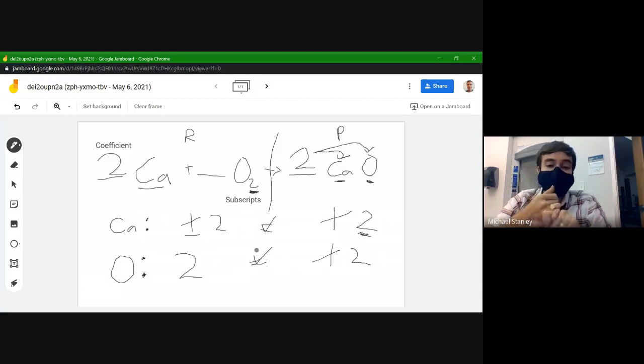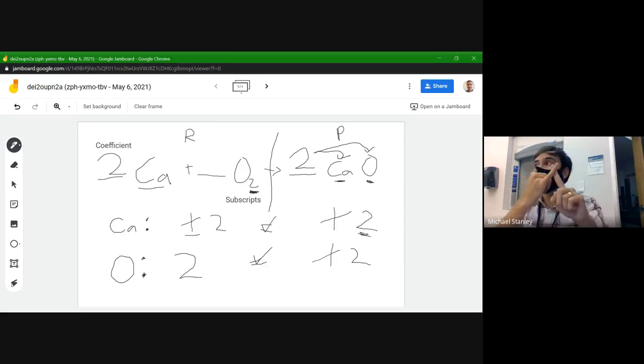The Ca's are the same. The O's are the same. So now we have a fully balanced chemical equation. Our final answer here is 2Ca plus O2 produces 2CaO. 2 calcium plus oxygen produces 2 calcium oxide.